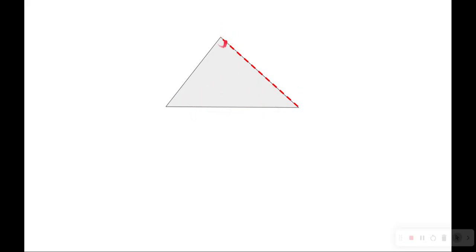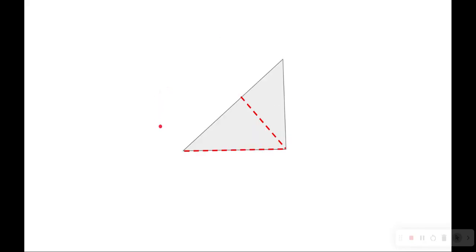And then this is my top point, so the altitude, the height of this triangle, draw a segment that is 90 degrees with the base, and I get this as my altitude. Okay, now let's make this my new tippity top point, so let's rotate it. And if this is my top point, this is my base, flat on the ground. So my altitude is this segment right here because that's 90 degrees. And so on a right triangle, the orthocenter is always going to be on the right angle.